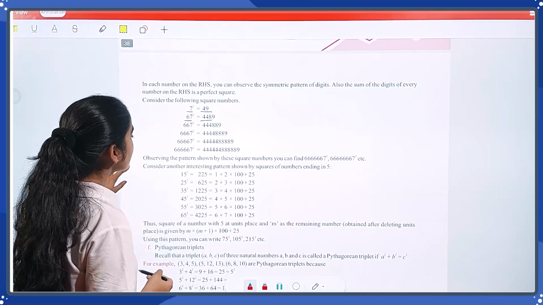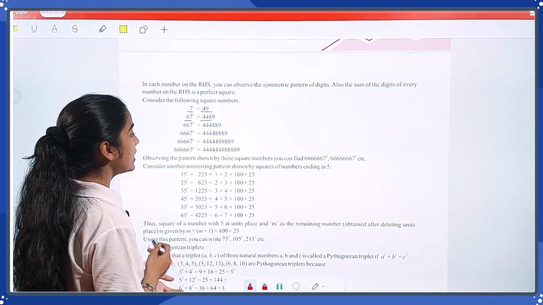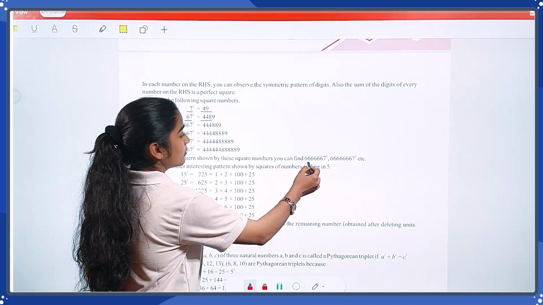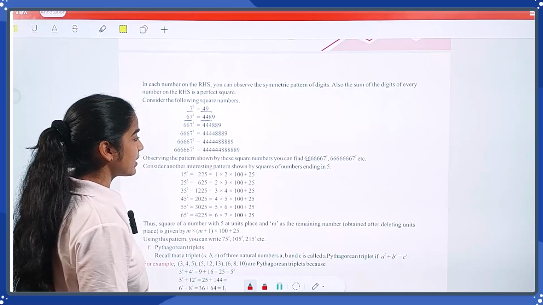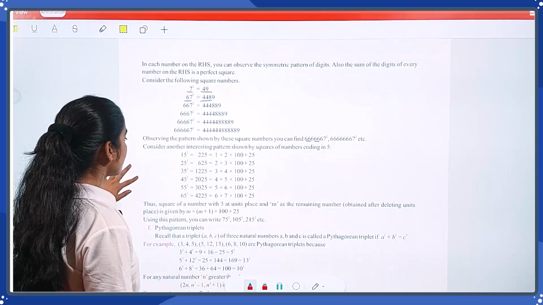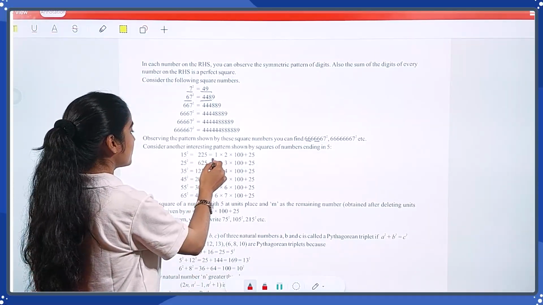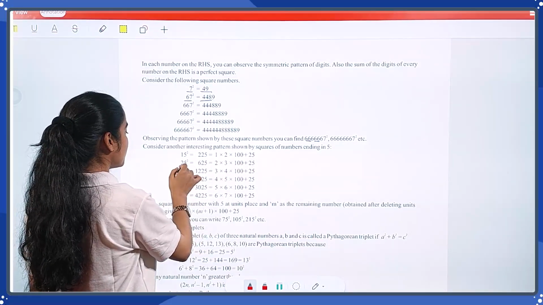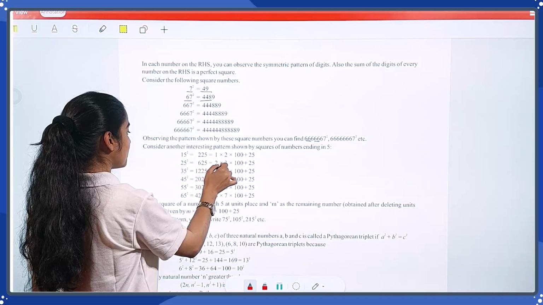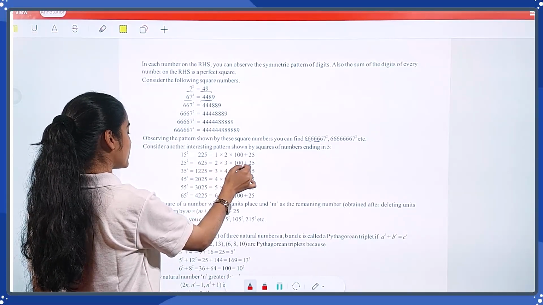Now, observing the pattern shown by these square numbers, you can find 666667 square, and so on. So 15 square is 225, which means 1 multiplied by 2 multiplied by 100 plus 25. 25 square is 625, 2 multiplied by 3, 6 multiplied by 100 plus 25.